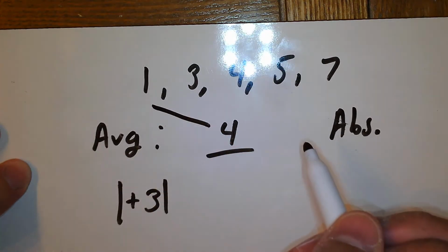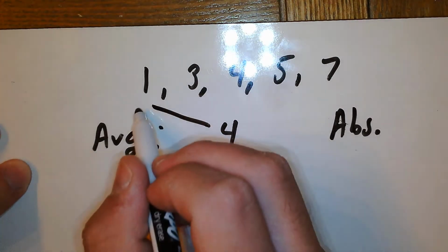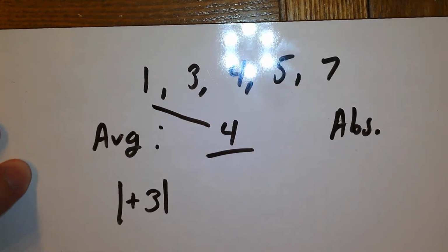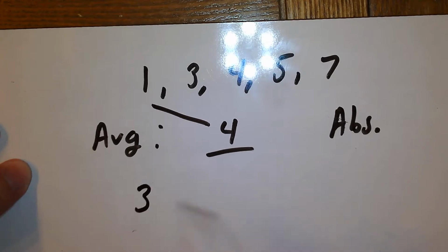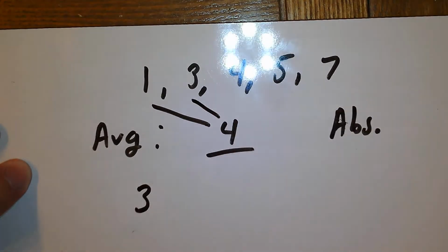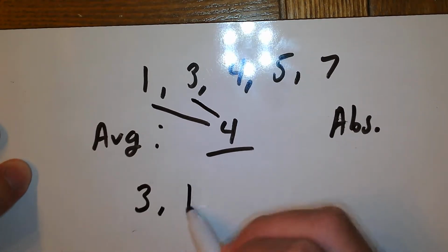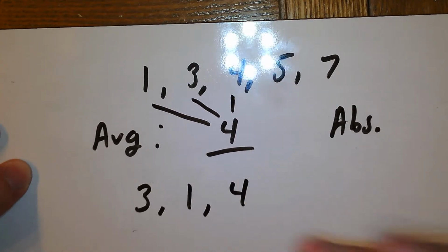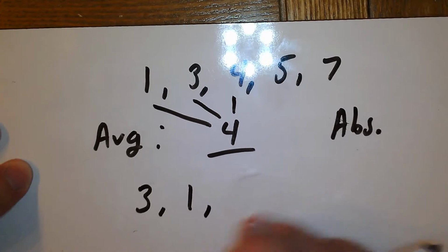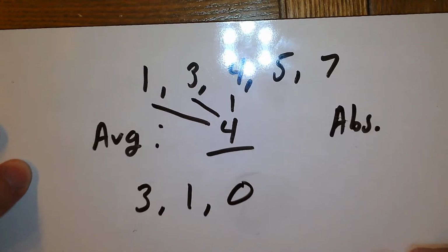The way I like to think about it is, how do I go from 1 to 4? What is the difference in numbers? Well, it's 3. So the first number is going to be 3. Then from 3 to 4, the difference is 1. 4 to 4, those are the same exact number, so there's actually no difference: 0.